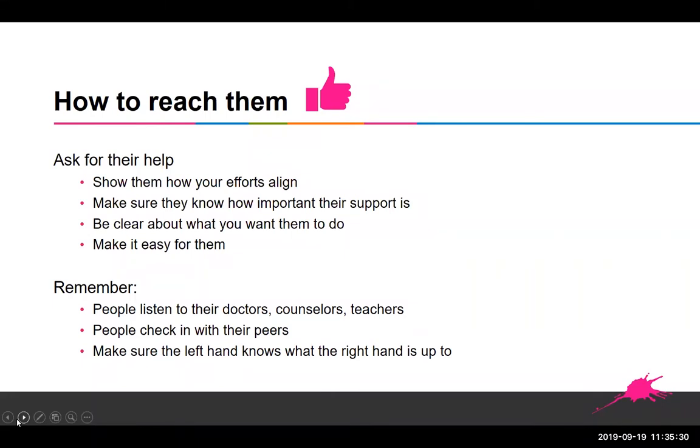So the one doctor will check with another doctor, hey, have you heard about this? Teachers, same thing. They're going to check with their peers to find out if your prevention efforts are indeed agreeable to the entire group. So make sure that everyone is on board and everyone understands what is going on.